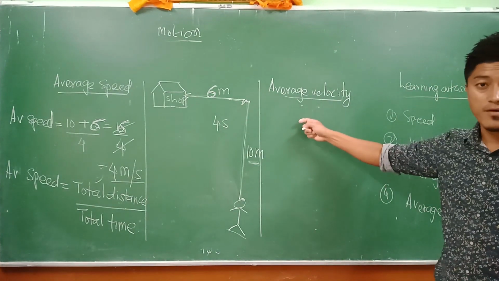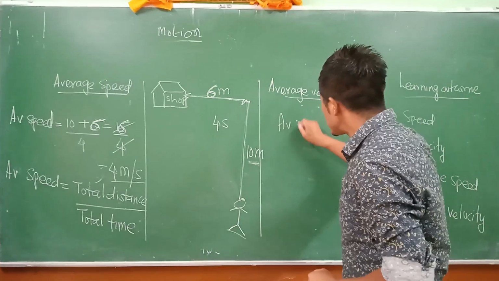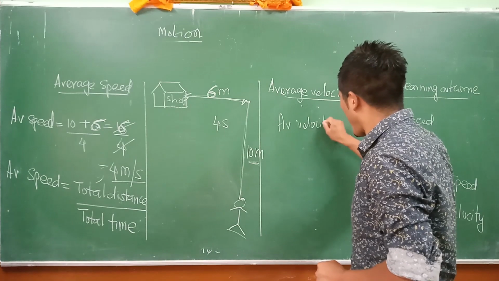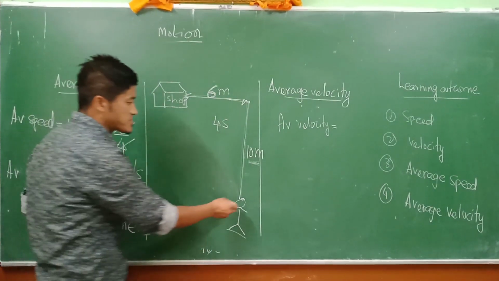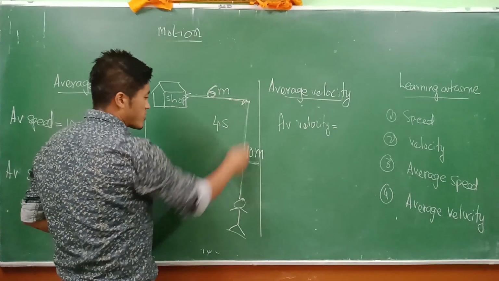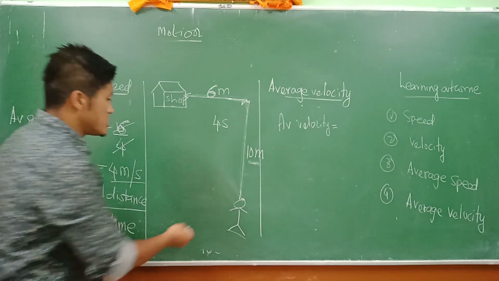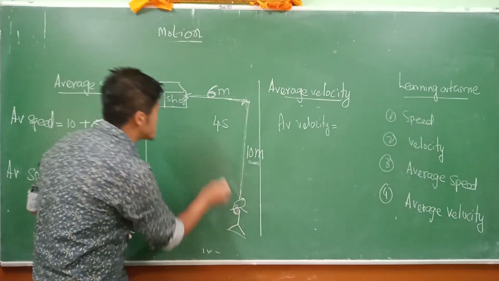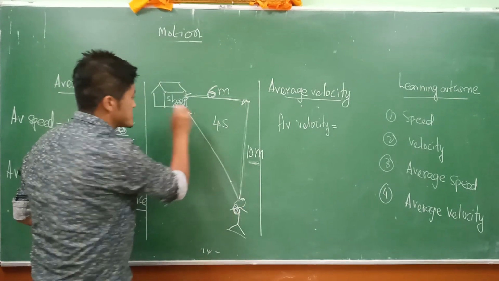Now speaking over here, average velocity. In the case of average velocity, we are not concerned whether she chooses from here to there or whichever way. We are not concerned about that, but we are more concerned about this position here, that is the initial position, and this is the final position, and the shortest distance between these two.